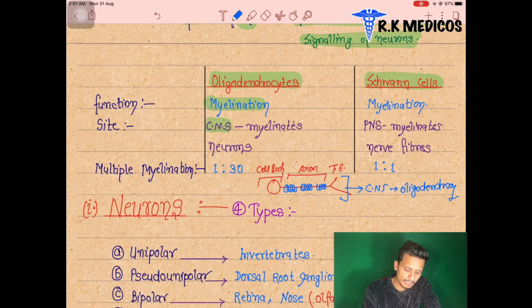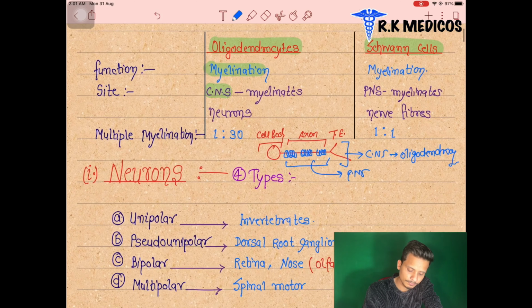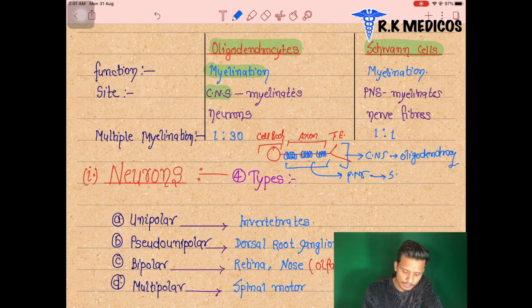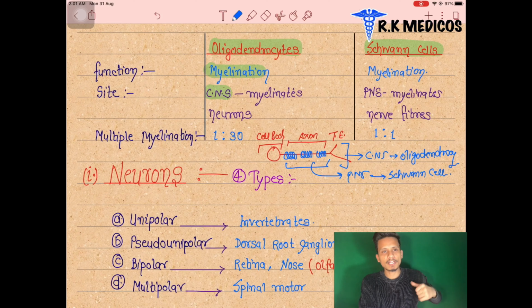If this myelination is done in the peripheral nervous system, then it is done by Schwann cells. The peripheral nervous system means everything except the brain and spinal cord. If these nerves are present anywhere in our body, they are myelinated by the Schwann cell basically.